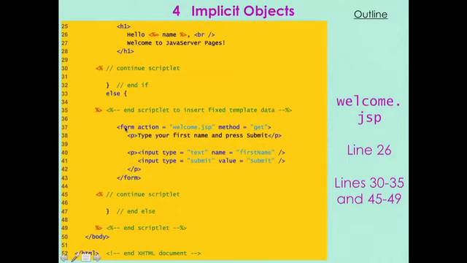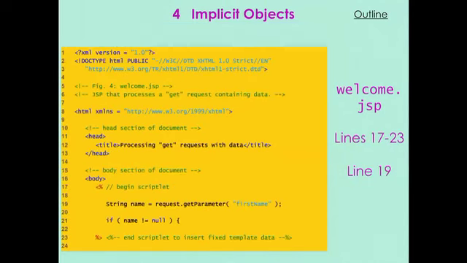So you can see that my form calls itself, since it is called welcome.jsp with the method get. And then, as you can see, I have a text field named first name, and I have another button. You can see that throughout this code, I have the insertion either of HTML code or sometimes of scriptlets, because I need to call some Java code within this code.